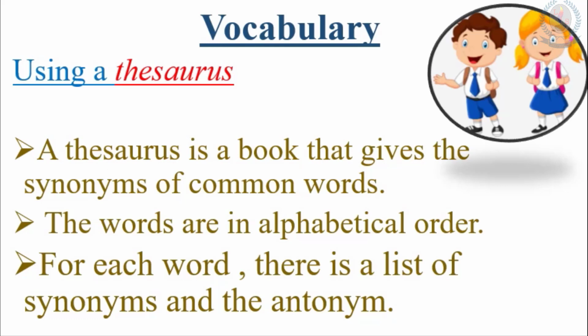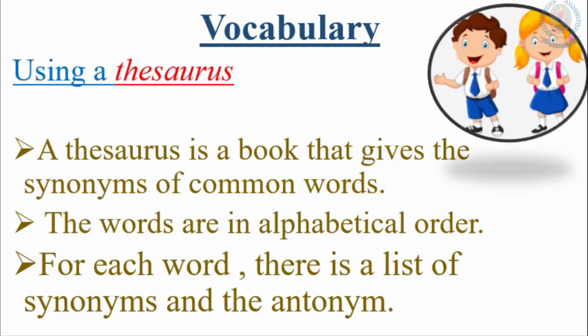Thesaurus is a book or a type of dictionary. It gives the synonyms and related concepts. A thesaurus is similar to a word book, and the words are in alphabetical order.